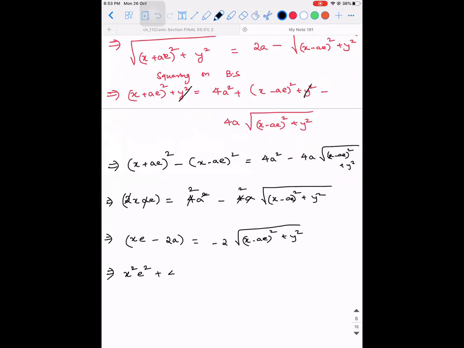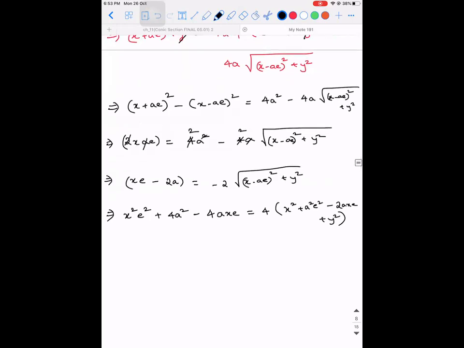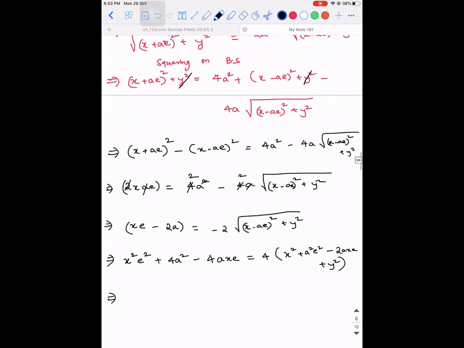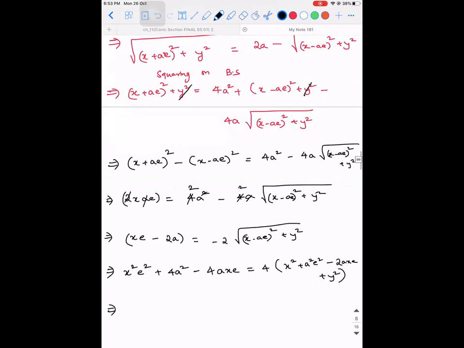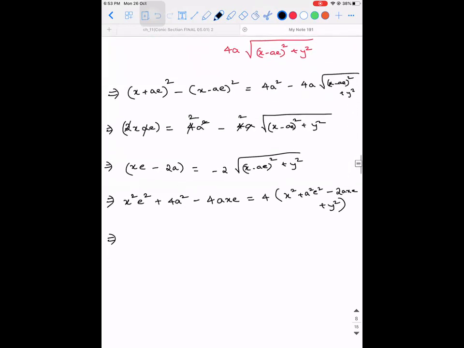So x square e square plus a square minus 2axe is equal to x square plus a square e square minus 2axe plus y square. Correct? Clear, guys? Yes, sir.